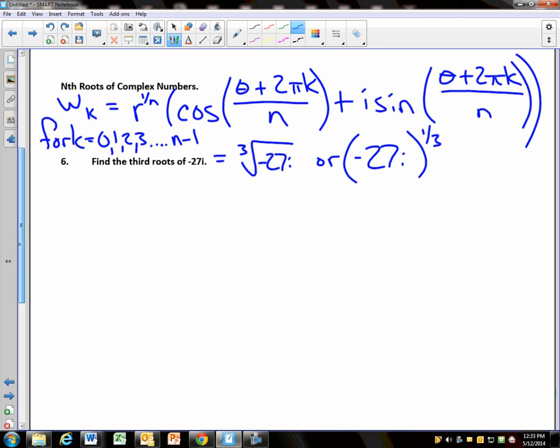Okay, before we start, does anybody know what you would multiply by itself 3 times in order to get negative 27i? Can you come up with a number?